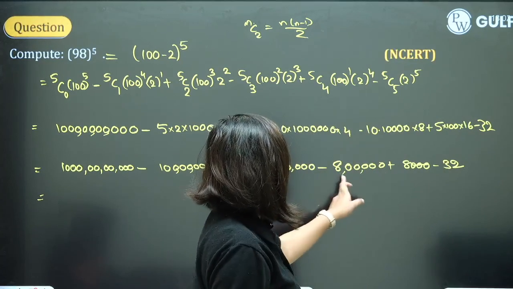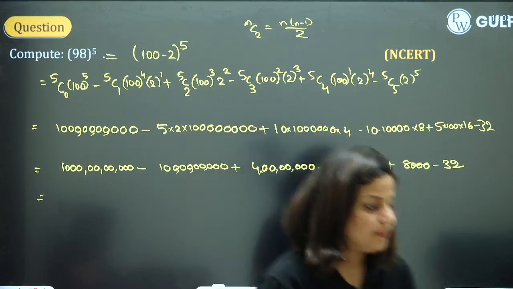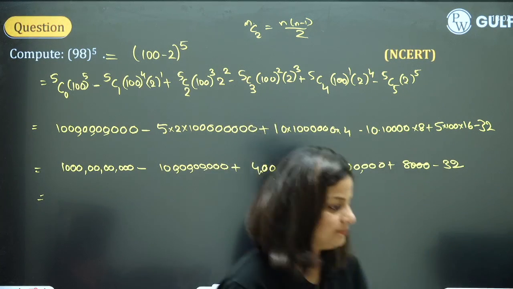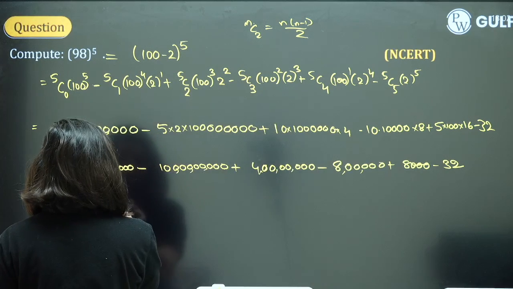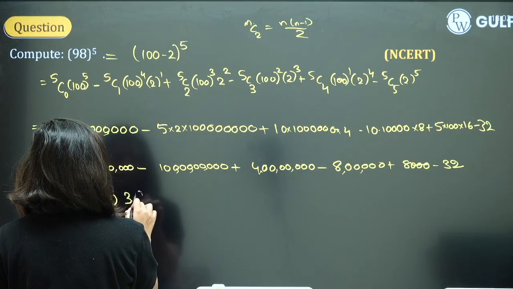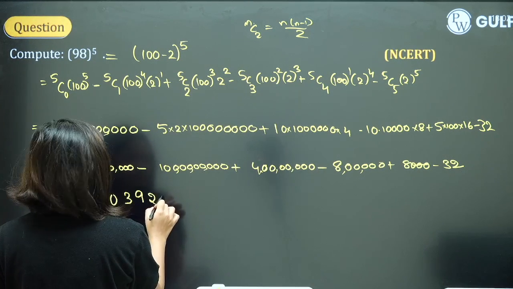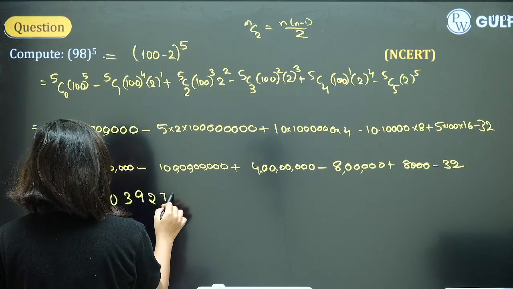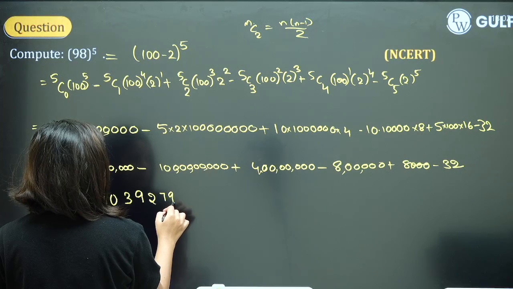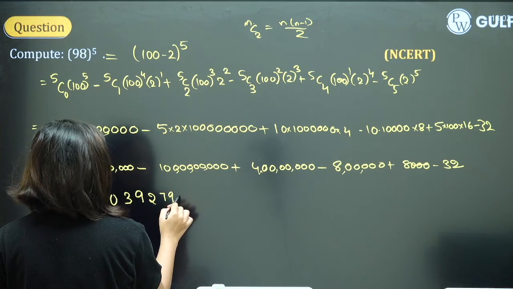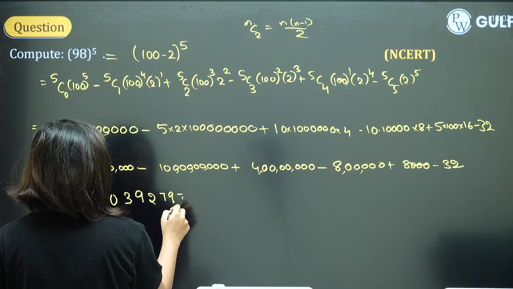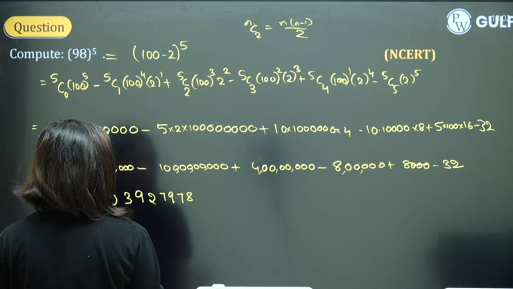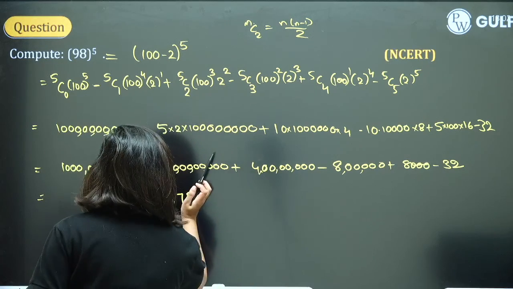92 lakh. 8,000 minus 32, so this will turn out to be 903 crore 92 lakh and 7,968.